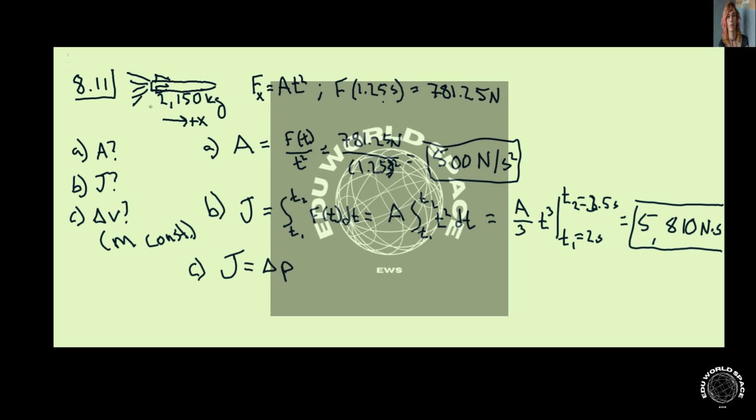So it doesn't change from this 2,150 kilograms, which is not how real rockets work, but it does make our lives a little bit easier here, because now m doesn't change, and so then this is going to become m delta v, and this is what we're looking for. So the change in the speed is going to be equal to the change in momentum, or the impulse, which we've already found, divided by the mass, which we're told.